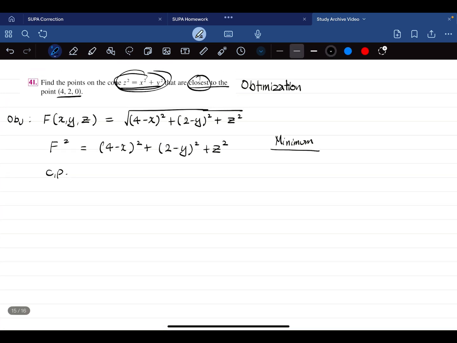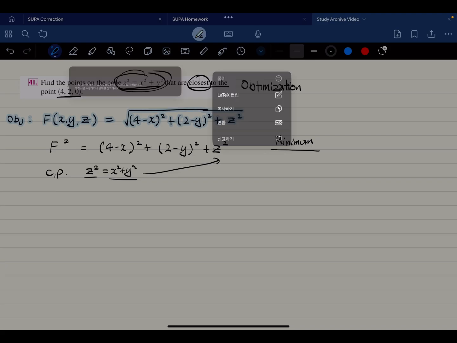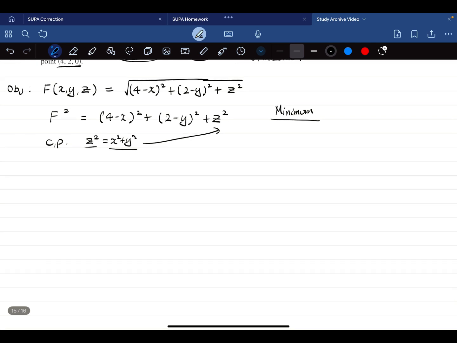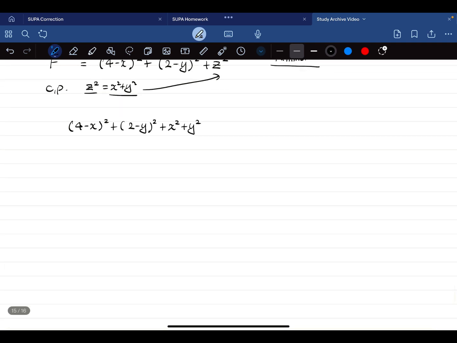So we'll use our constraint and basically plug in this value into here. So our function is going to look something like this. And if we actually expand, let's add the 2x squared here.